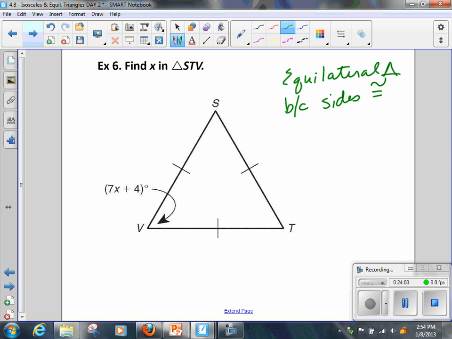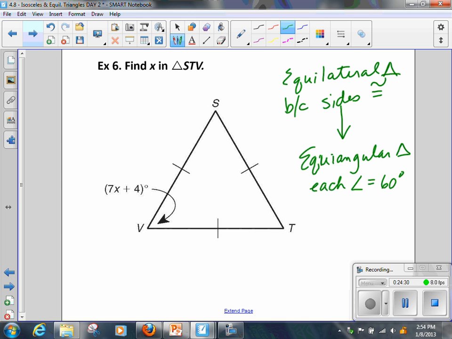Now, because it's an equilateral triangle, we also know that it's what kind of triangle? Equiangular, which means each angle is equal to how much? 60 degrees.